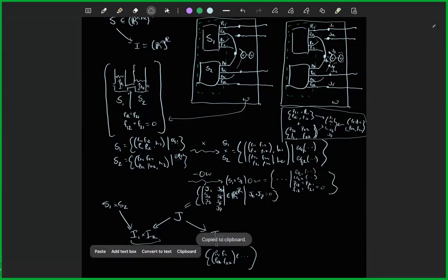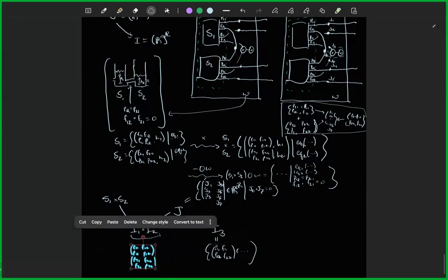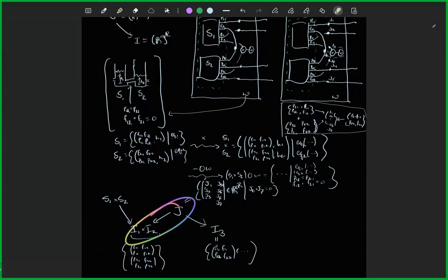So when I take such a function like this, what I'm doing is I have to set each of these in terms of these variables. So this function here is going to be J1, J3.